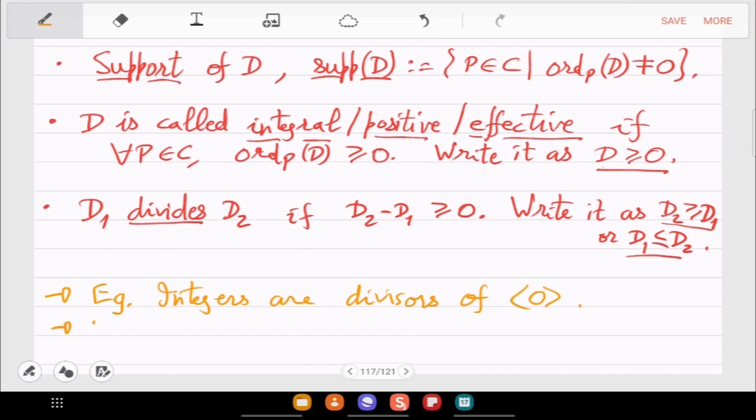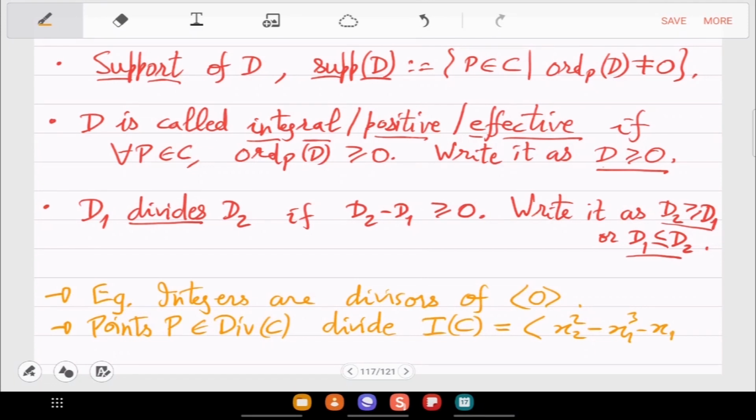So these points P that are living in the divisor group divide the ideal of the curve, which for example can be x2 squared minus x1 cubed minus x1.